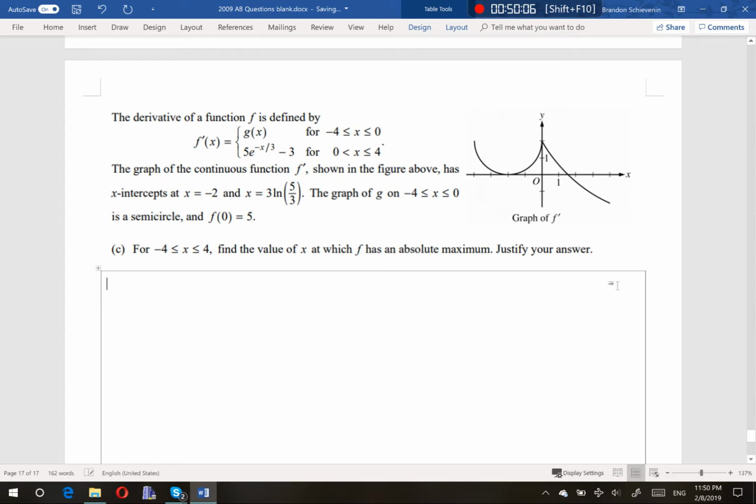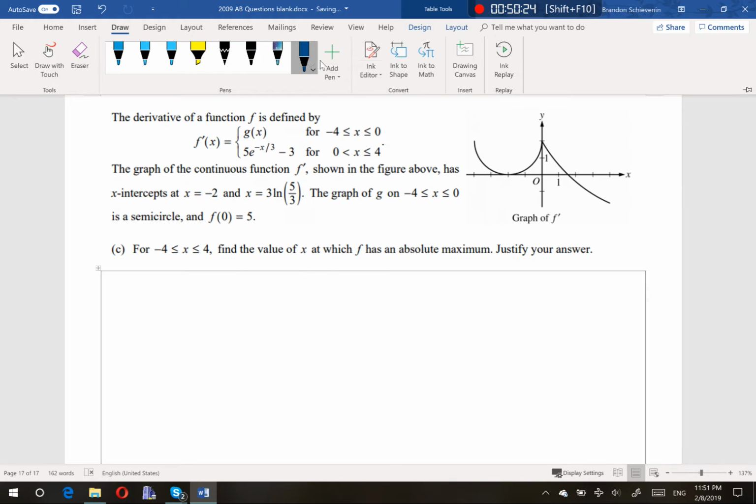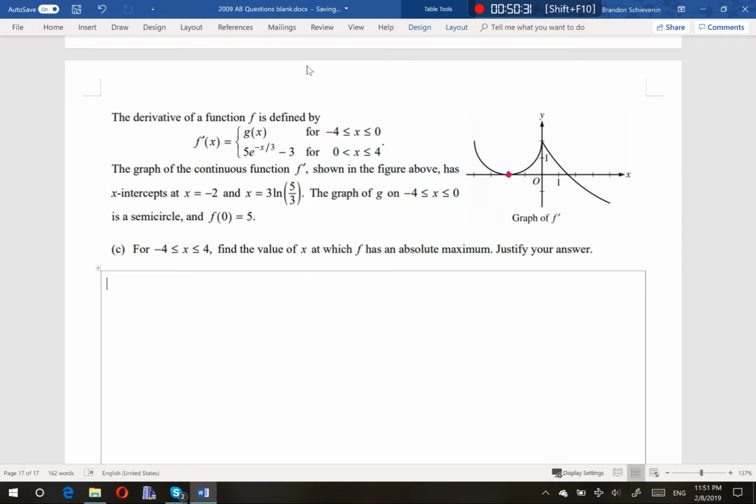Okay, so I'm going to set the derivative equal to what? 0, right? Set the derivative equal to 0. So I'll find any critical points. At what points is the derivative, so that's this graph, equal to 0? At -2 we are equal to 0, but at 0 we are not equal to 0.